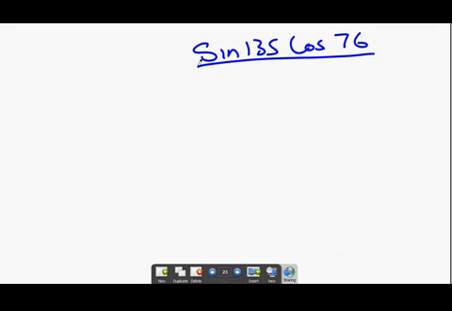So in this case, let's try sine 135 cos 76, and here you are going to have sine 194 like that, and then cos minus 60 like that.